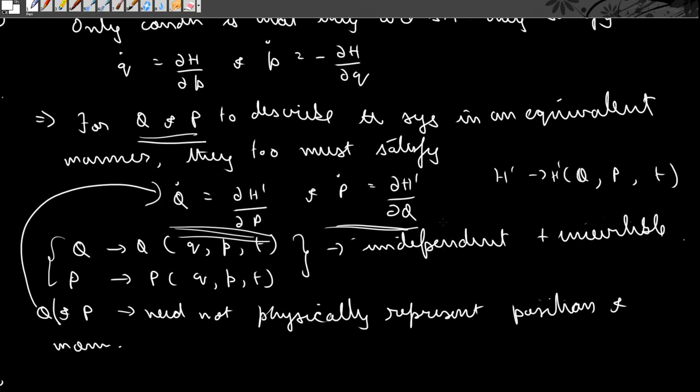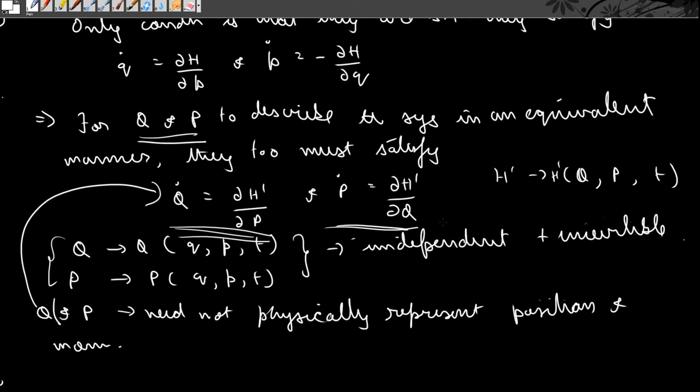You should not make any physical connection to the actual position and the linear momentum here, because you can take that meaning only when you're using Cartesian coordinates, whereas these generalized coordinates are transformed from the Cartesian coordinates based on some constraints, because that's where generalized coordinates are used.